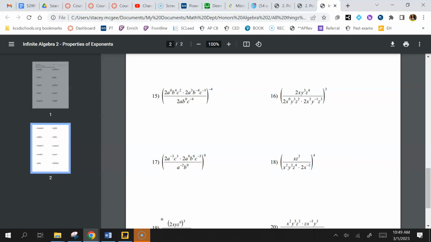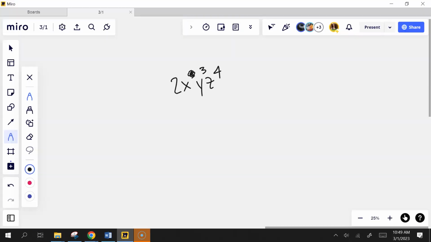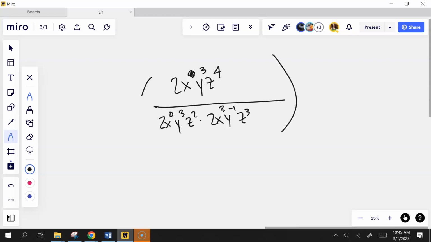Maybe that's what it is. All right, over 2x y cubed, 2 times 2x cubed y, -1 cubed. Everybody to the 3rd power.